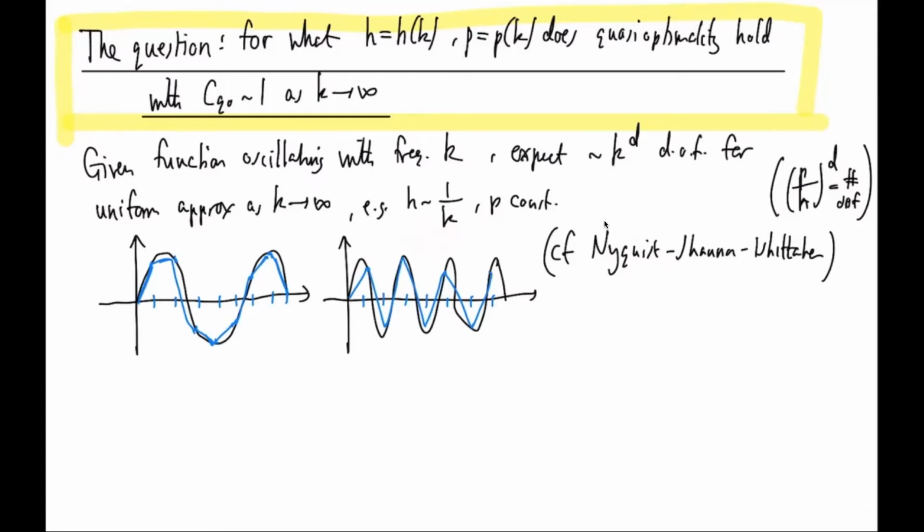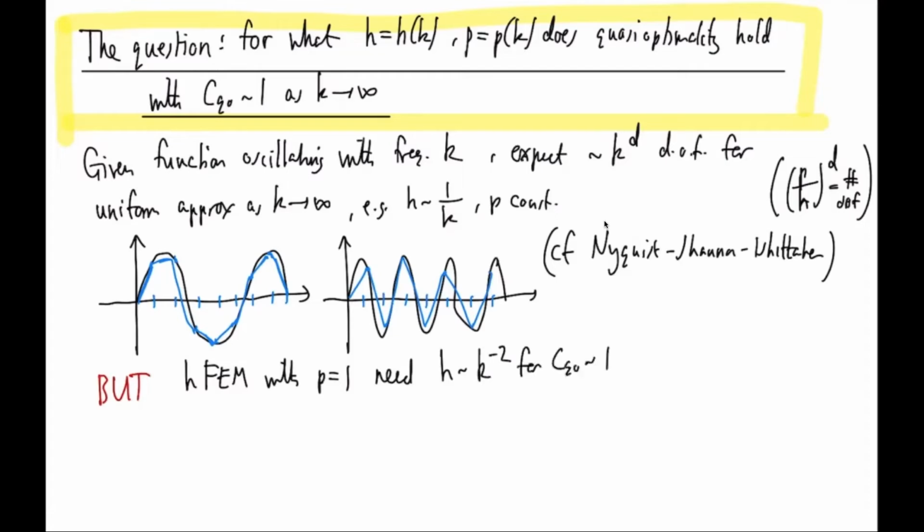So there should be a big red but here. For this h-FEM with, let's say, p is 1, continuous piecewise linear polynomials, you actually need h to go like 1 over k squared for this goal, for C_QO to be independent of k.